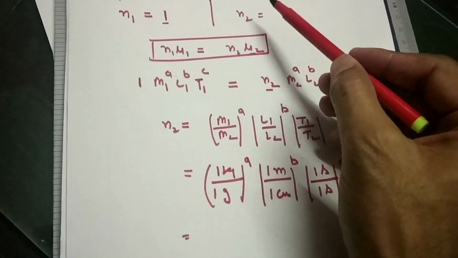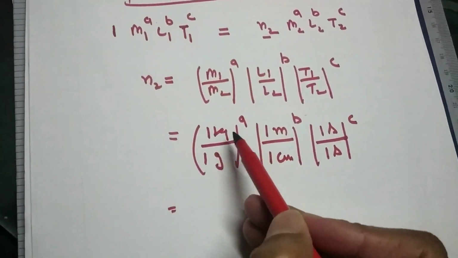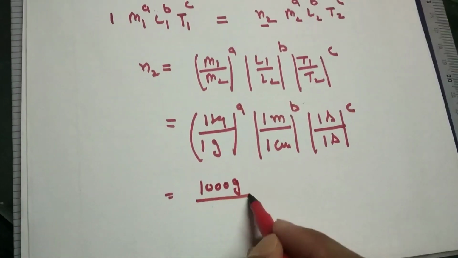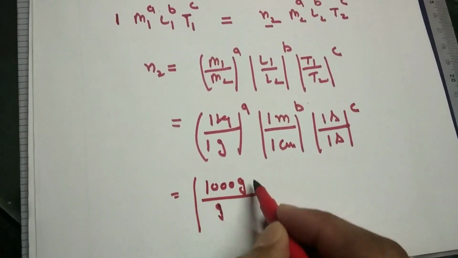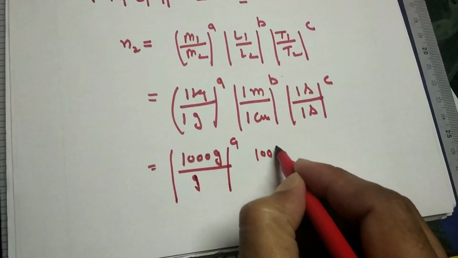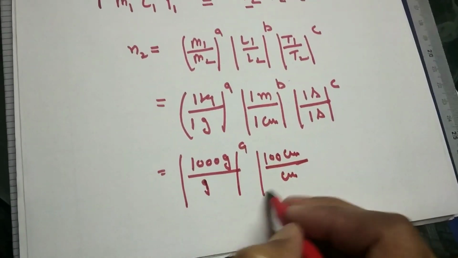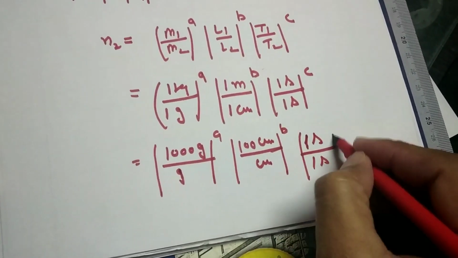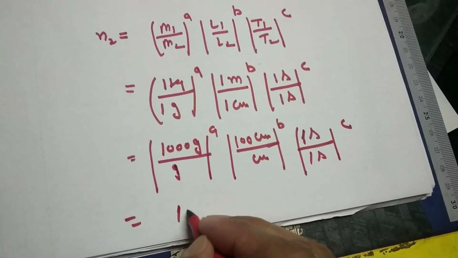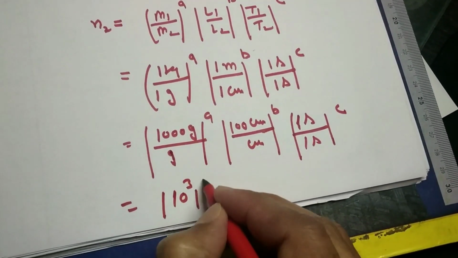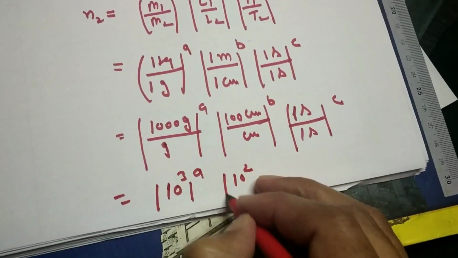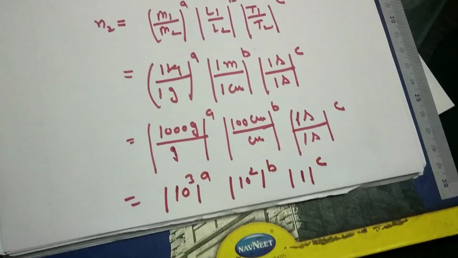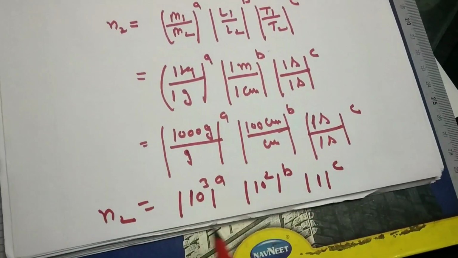We want the CGS value, so kilogram we will convert into grams. 1000 gram upon 1 gram, power a. 100 centimeter upon 1 centimeter, power b. 1 second upon 1 second, power c. Then we can write 10 power 3 power a, 10 power 2 power b and 1 power c. Clear? This is the value of N2.